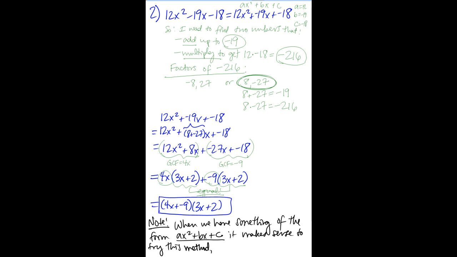And we call this method the AC method. Not everybody uses that same term, but that's kind of the technique we're doing. We're multiplying A times C and using that to help us figure out how to break up the B part.